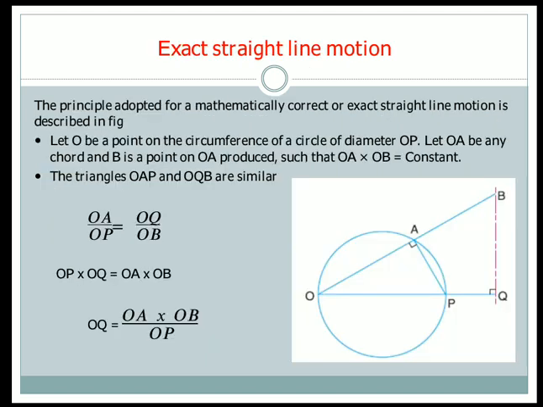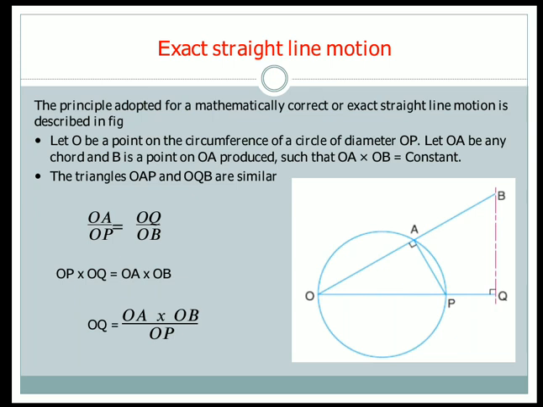Here the principle adopted for the mathematically correct or exact straight line motion is described in the figure. In the figure, the line BQ is the straight line, and the links are OP, OA, AP, and OB. These are the links. Let O be a point on the circumference of a circle of diameter OP.